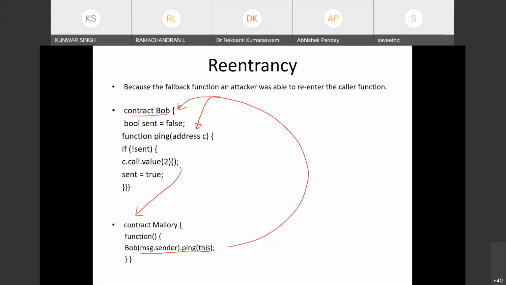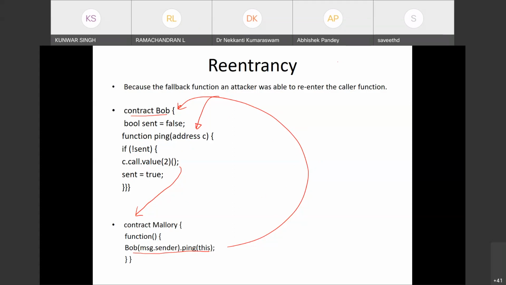Till now sent is not made true, so sent is false. It will go again here, and again it will call back this one. Money is transferred, 2 Ether will transfer, and again this will be called. This will continue. This is called reentrance.